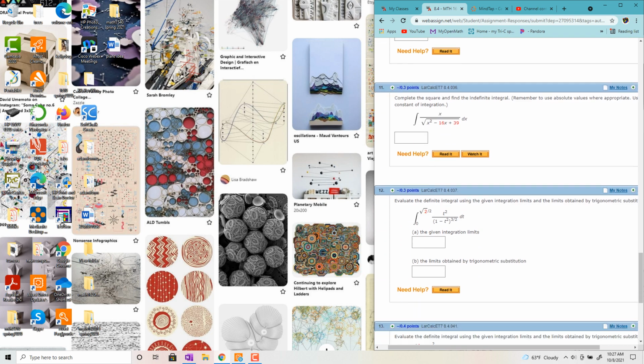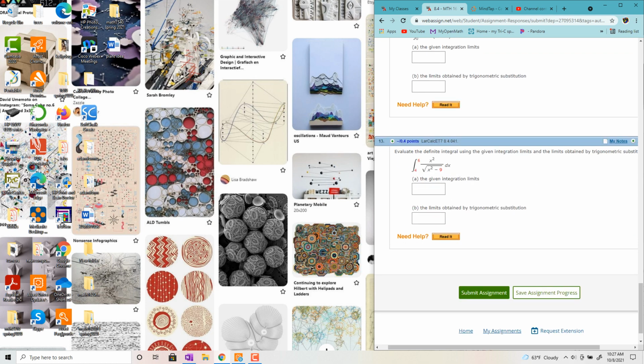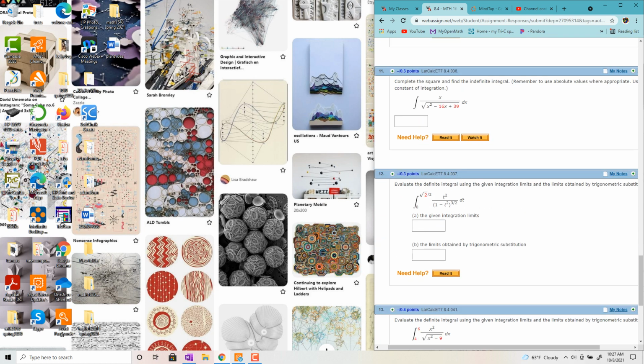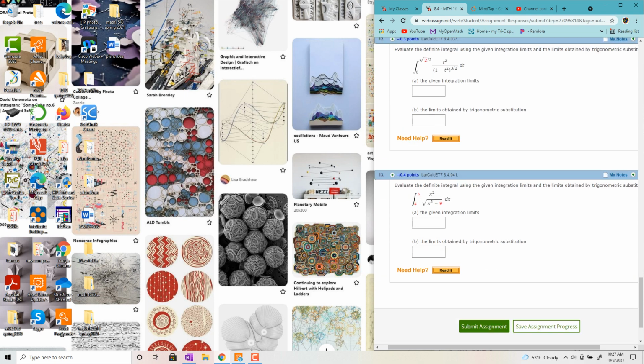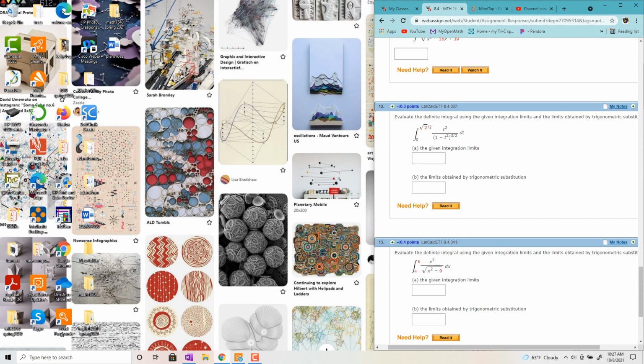Let's do one of these ones that maybe are more annoying. Then I'll call it quits. Number 12 and 13, A and B are going to be the same answer.